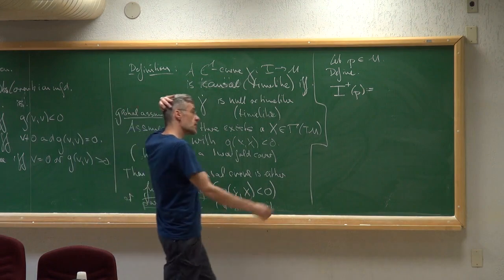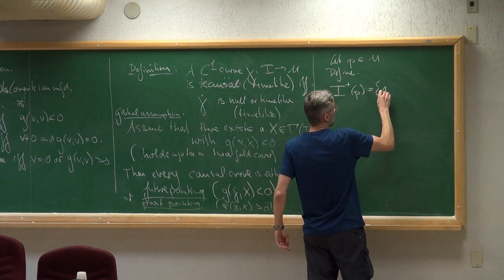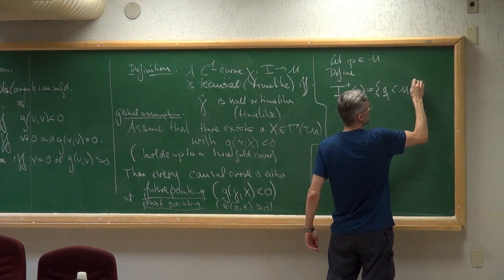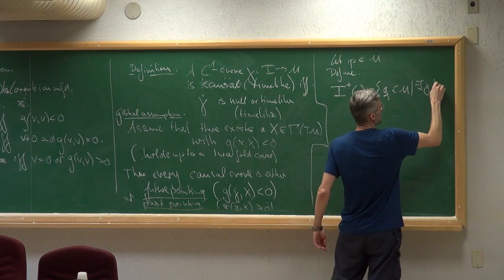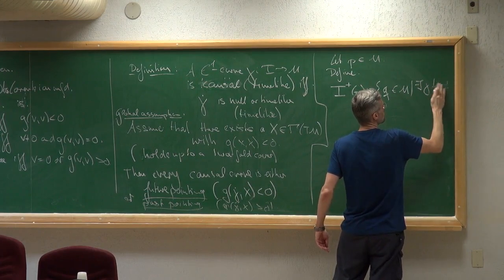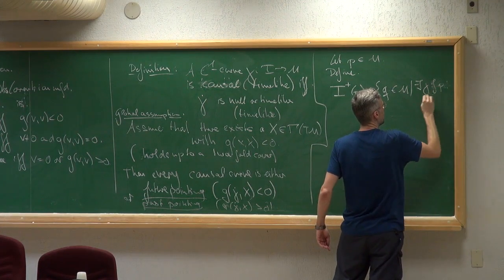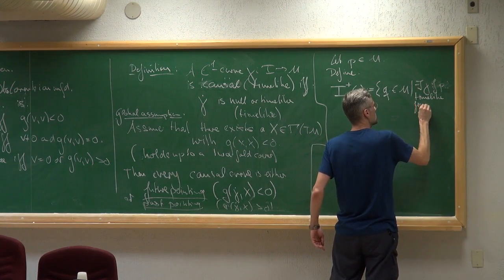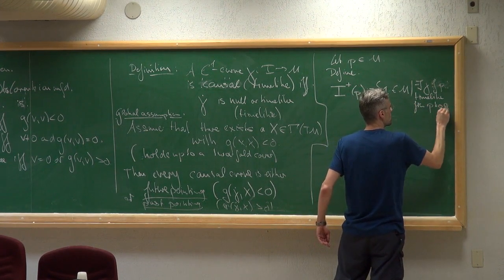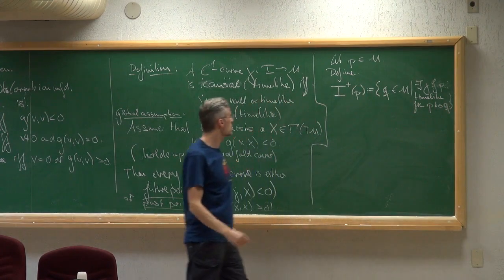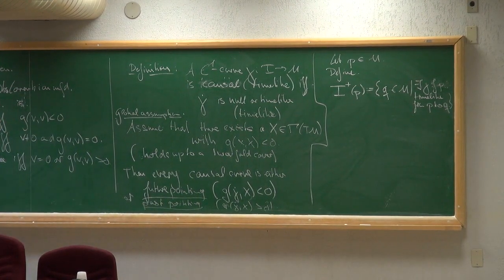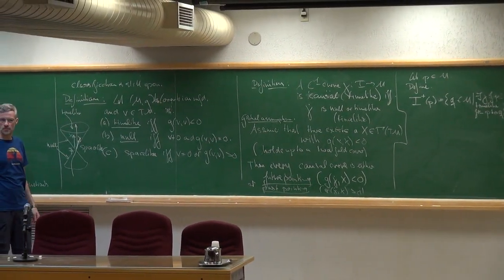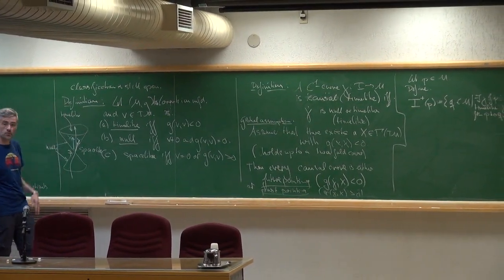I plus of P is those points Q in M such that there exists a future pointing time-like curve gamma from P to Q. So basically, in Minkowski space, if P is this point, then it's just the entire cone that points upwards.